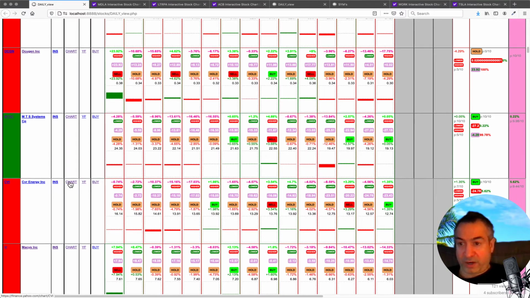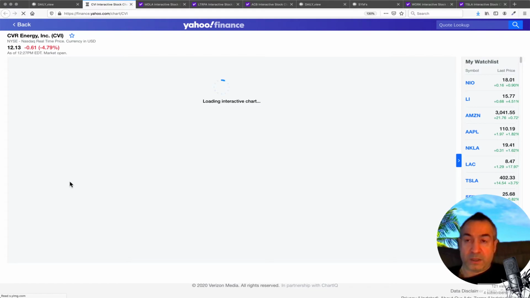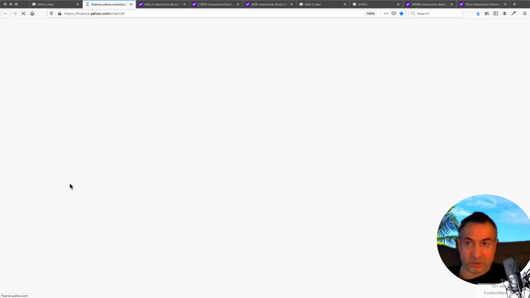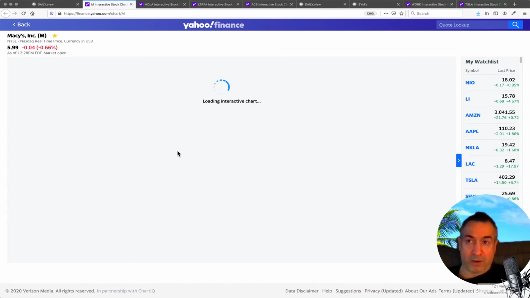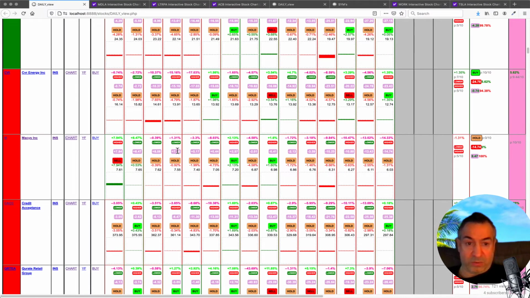CVR Energy, I bought this one a few weeks ago, and I don't remember what happened, but look, it went down minus 4%. Macy's, okay, I'm not surprised to see Macy's here. It doesn't say buy, but so far it's falling down a lot less. And it's at 6, which is normally very low for Macy's.